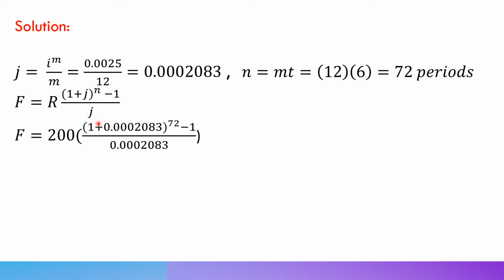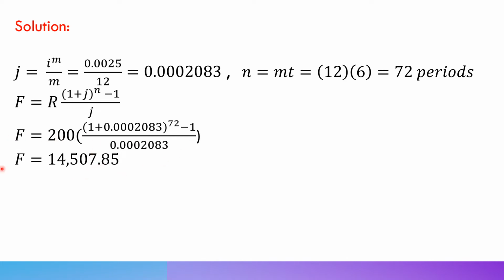And by substitution, we have R is 200 times the quotient of 1 plus j, natin is 0.0002083, our n is 72 periods, minus 1 all over 0.0002083. Next, by computing all of this, we get 14,507.85.